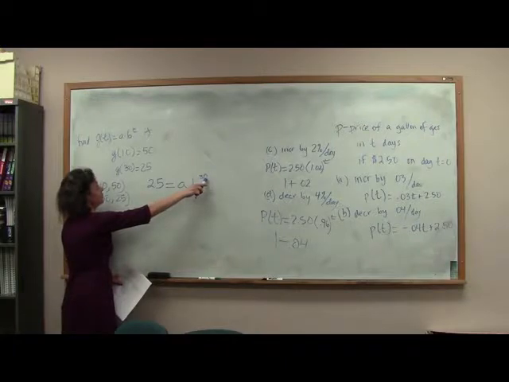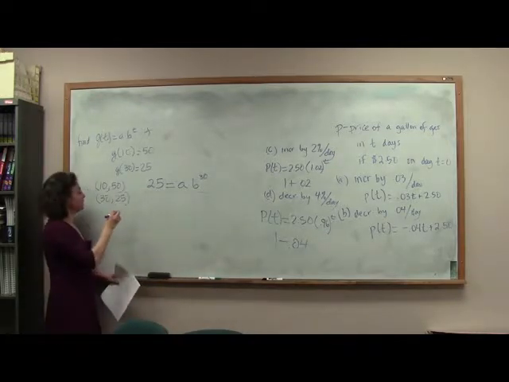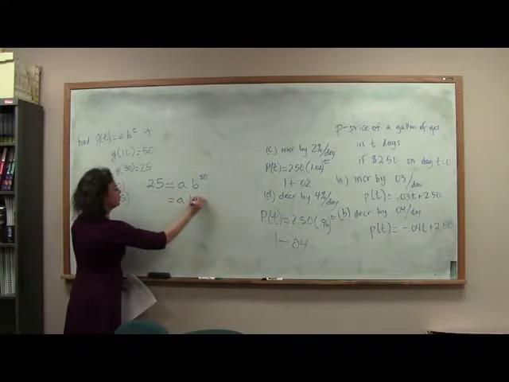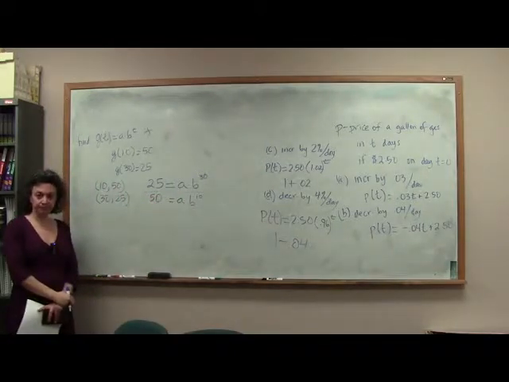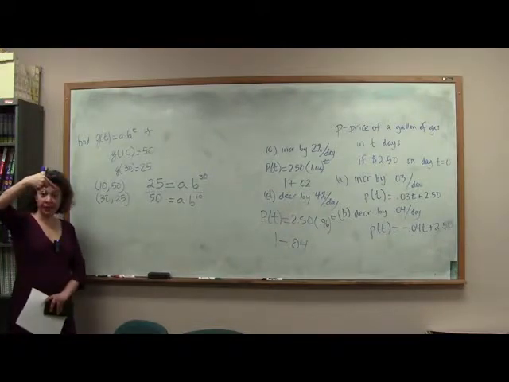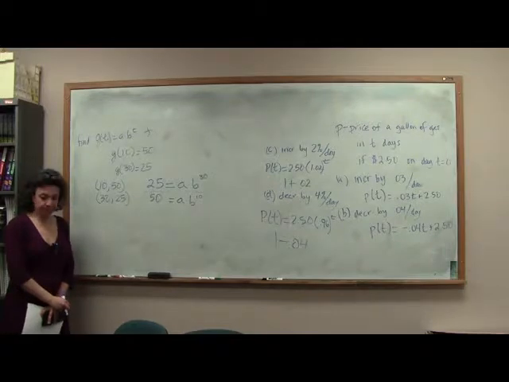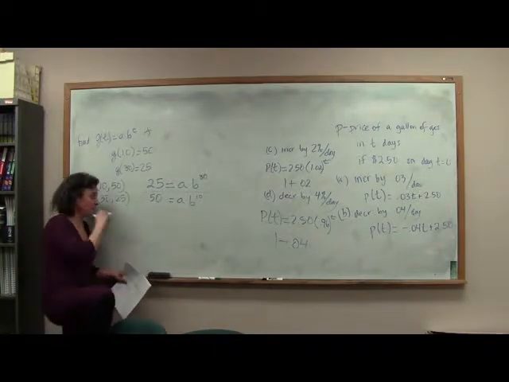So when t is equal to 30, my function is equal to 25. What else do I know? I know that when t is equal to 10, my function is equal to 50. Could I have written them the other way? Yes, I could have, okay? Either way you write these is fine. You're going to get to the same place.